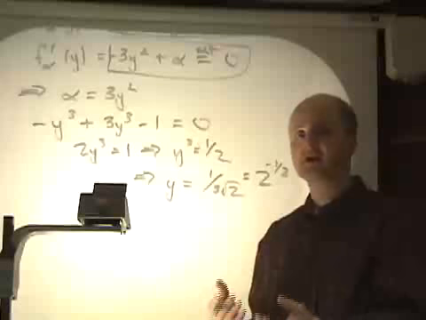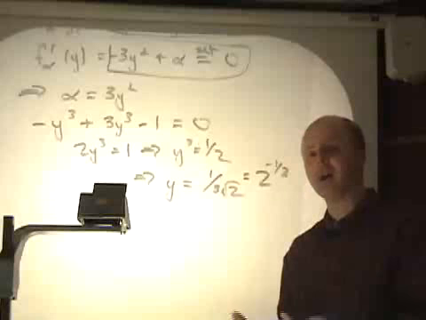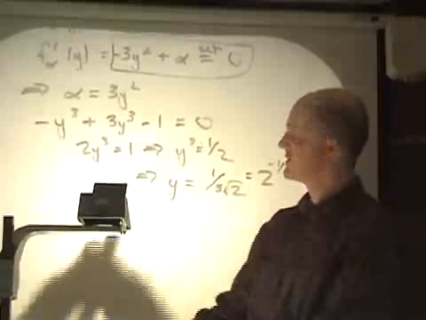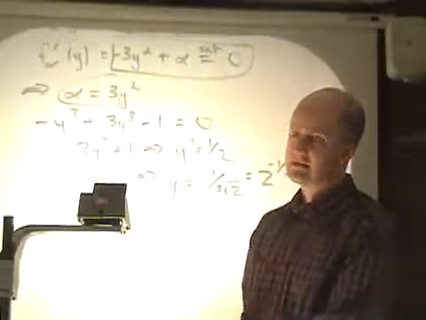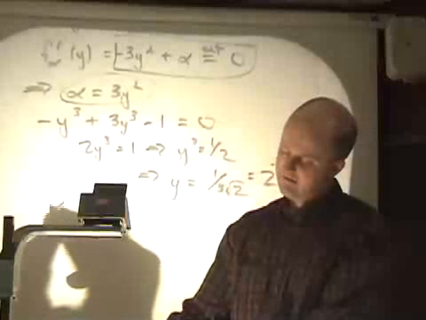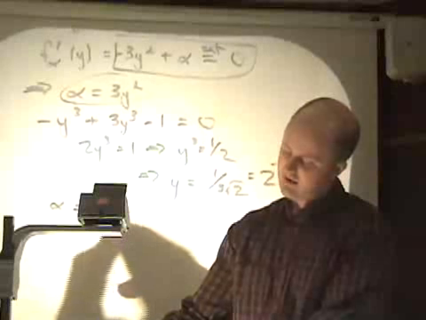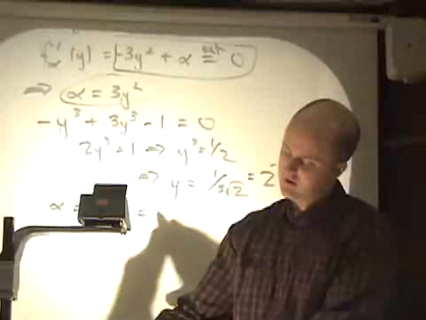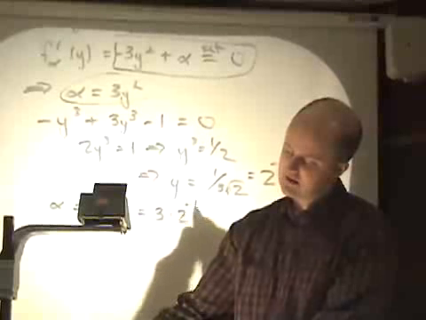What about the bifurcation point itself? What about the value of alpha, alpha star? That is where the bifurcation occurs. Now I'll just go back up here and substitute what you found in for y. To get alpha is 3 over cube root of 2, or if you prefer, 3 times 2 to the negative 1/3.